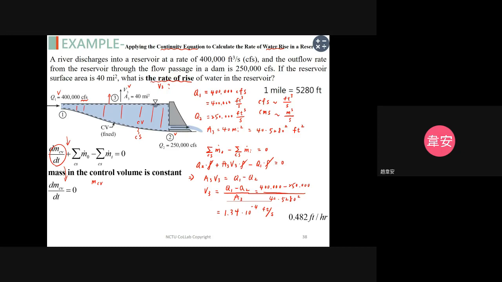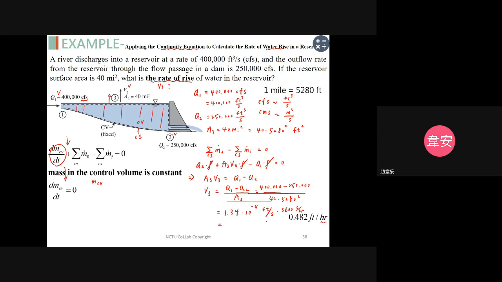And usually for these problems, we convert the unit for time to hours. So for this problem, we change seconds to hours. We need to multiply by 3600 to convert seconds to hours.